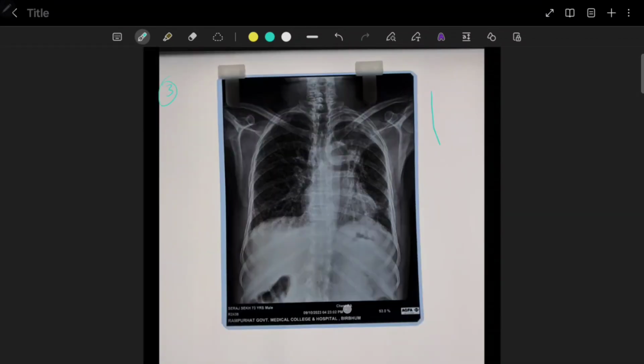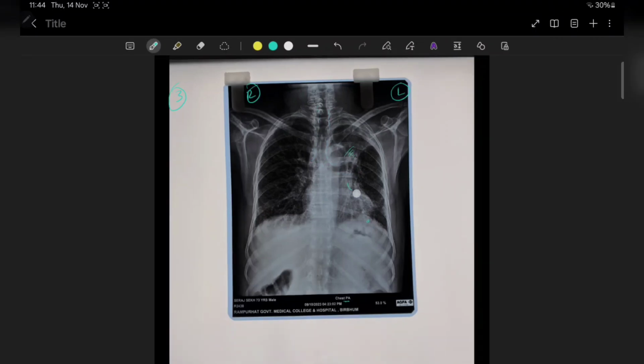In this X-ray, first see that it is a PA view, and here is the apex. So it is the left side. Okay. See the position of the trachea. It is almost in the middle, so it is taken in the right way. But see the tracheal position here. And here is the radiopaque area, okay.